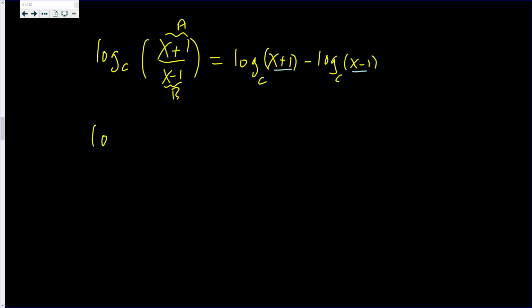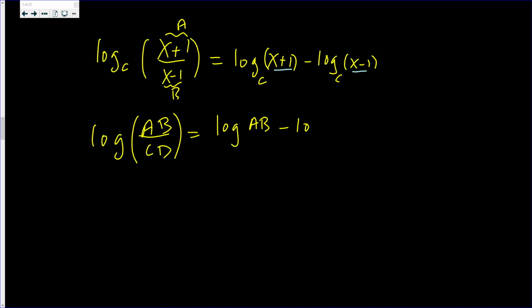Suppose you have log AB over CD. We'll do this the long way. It's log of the numerator minus log of the denominator.